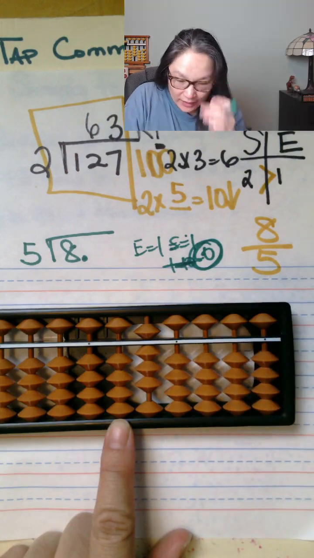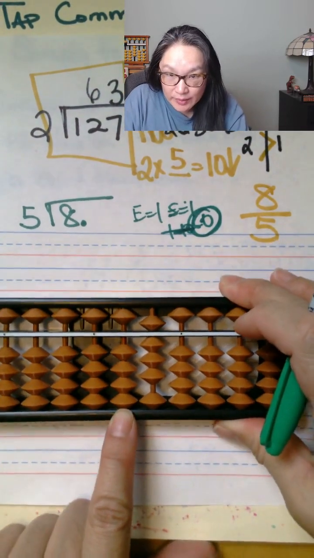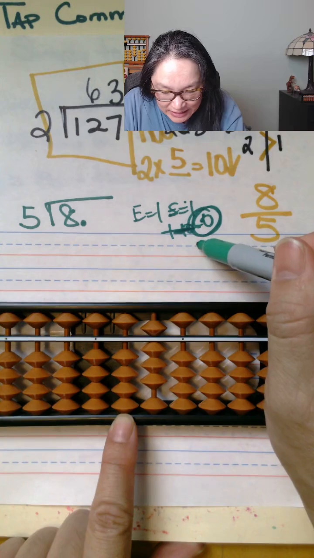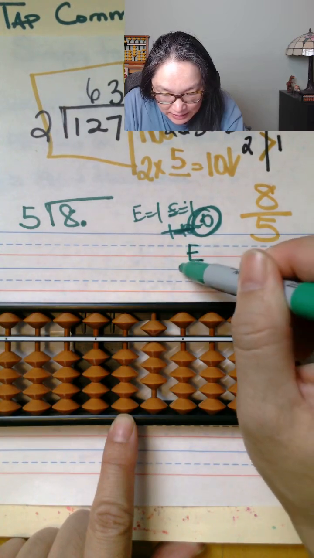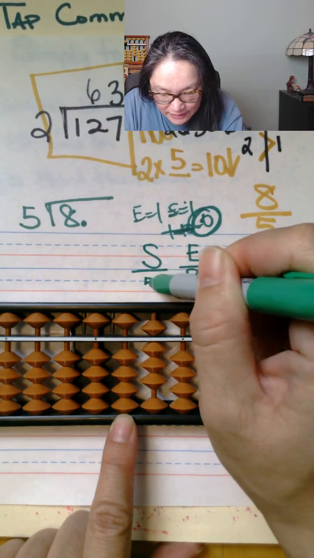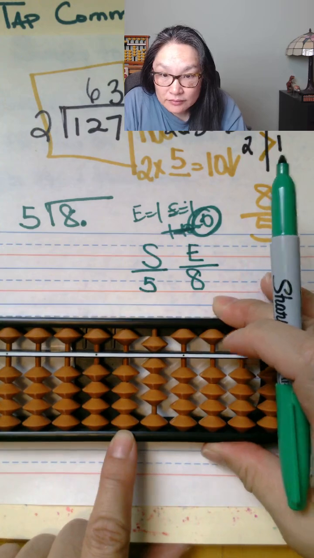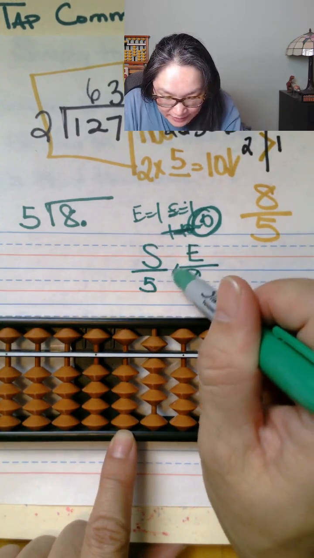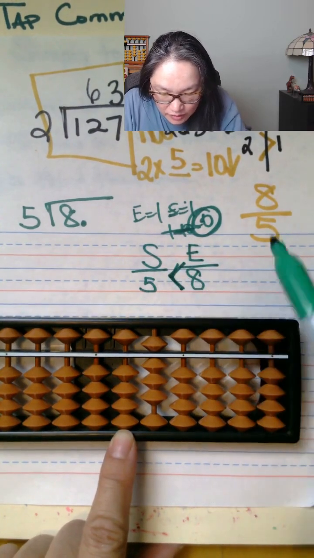So what am I going to do? I have to compare. Who is bigger? My dividend is 8. My divisor is 5. My dividend is bigger. So what do?